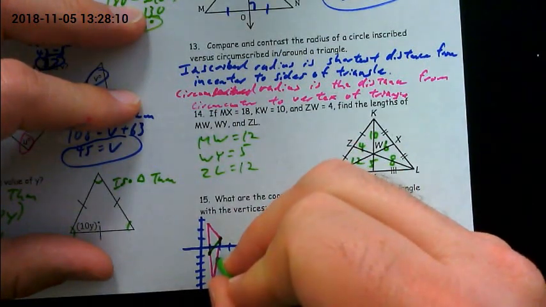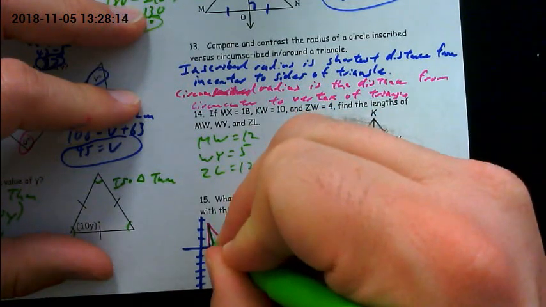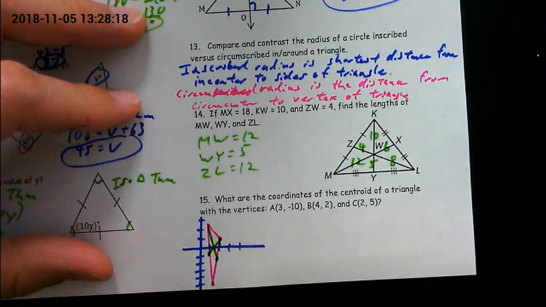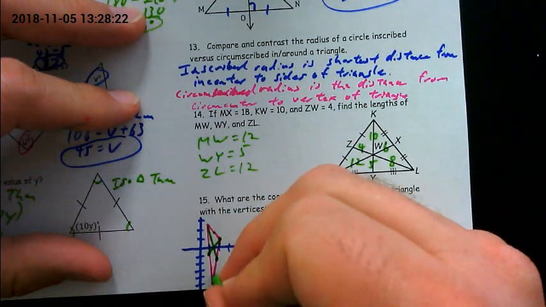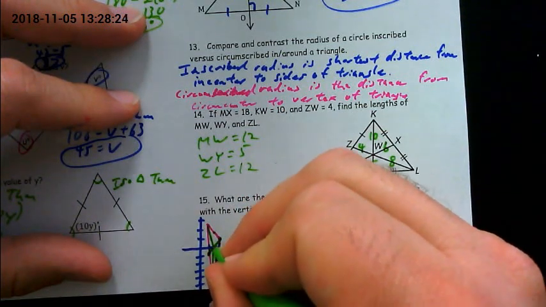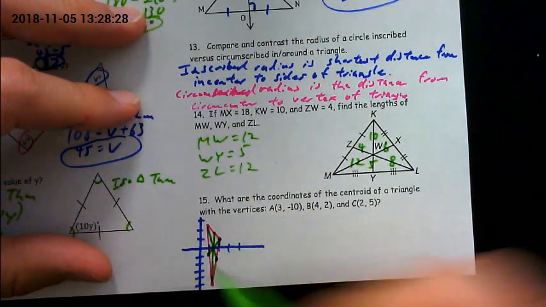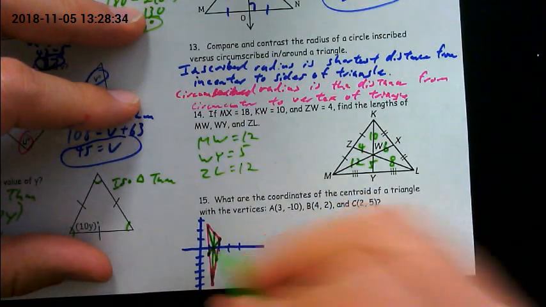Approximately the midpoint of this line is right about there, so I'm going to draw a line right there for my median. Now, really, once I have 2 in, do I really have to find the third? No, but you can draw it if you want to. So the median of this side is right about there. So I've drawn a third line. They all intersect at the same place, which is right on the x-axis at 3. Because I said I made each one of these points 2, right? So this is at the point 3, 0.